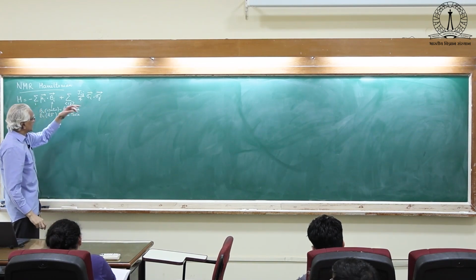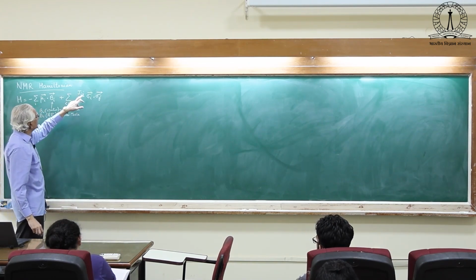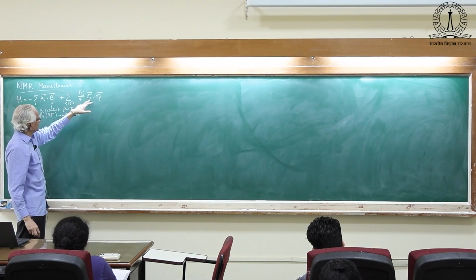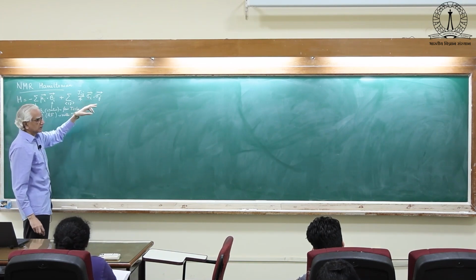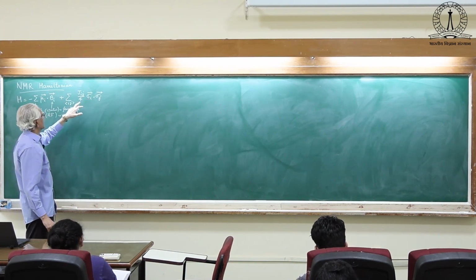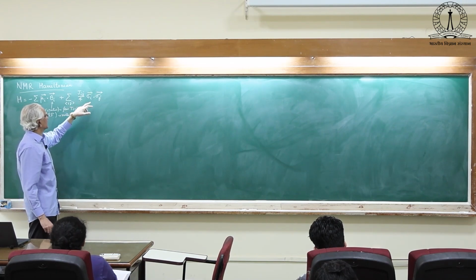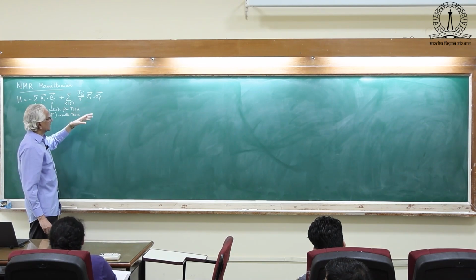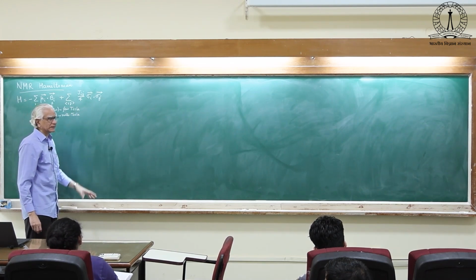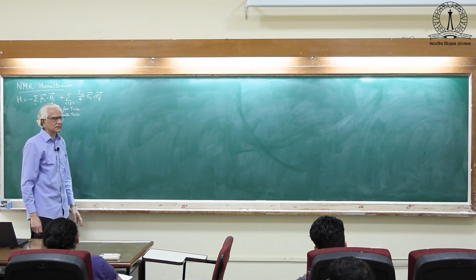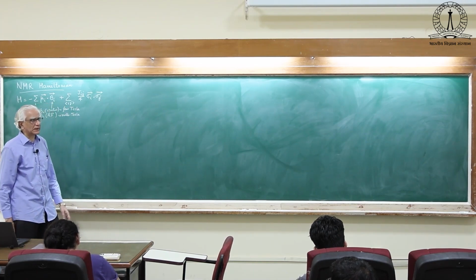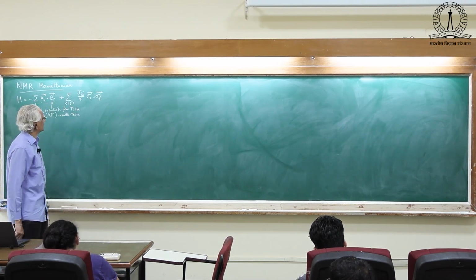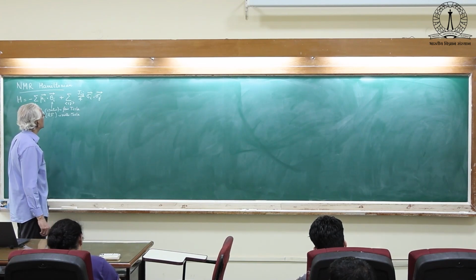I am writing it as some coupling J_ij and dot product of the Pauli matrices. The 4 is a convention because a qubit is represented by 1/2 of the Pauli matrix operator. That's S equal to half state. So that is put in there explicitly.